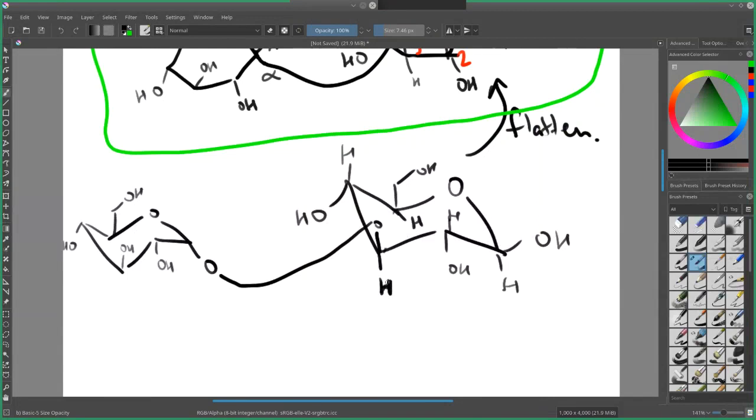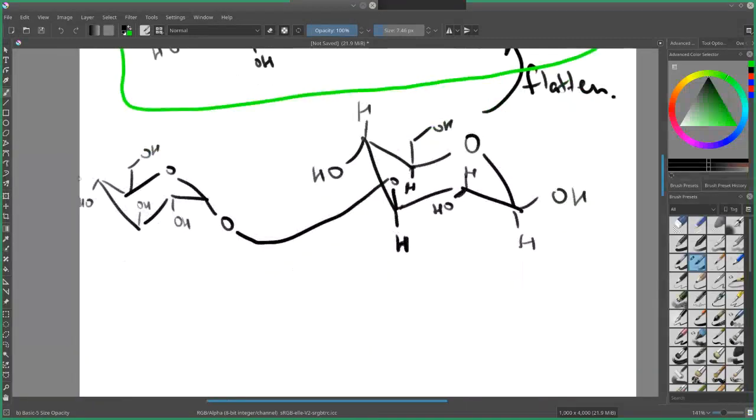Yeah, Professor Smith always loved to say that in glucose all of the things are equatorial, which is true. I could also redraw this one up here to be down like that. Yeah, there we go. I could have drawn this structure better.